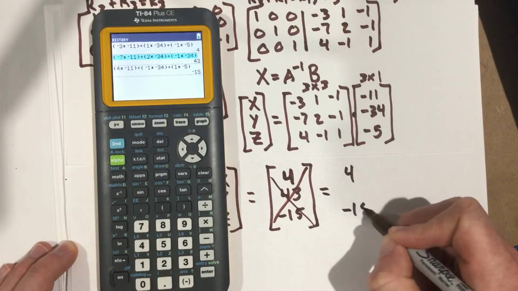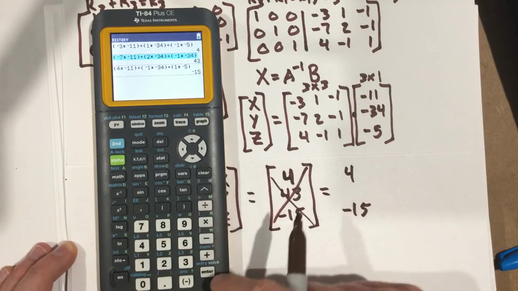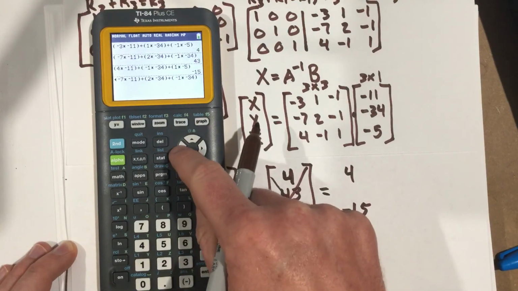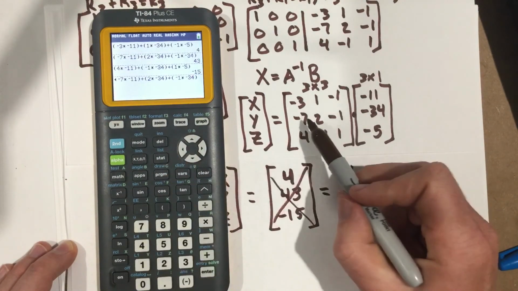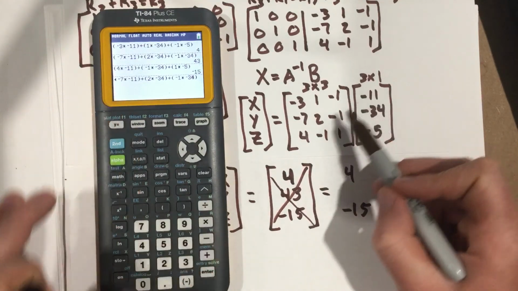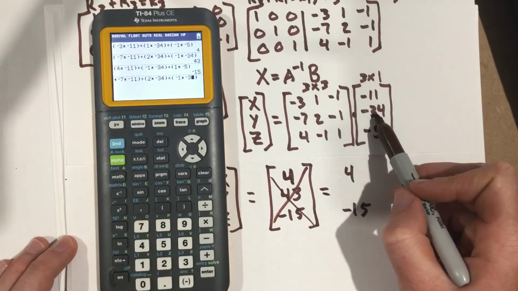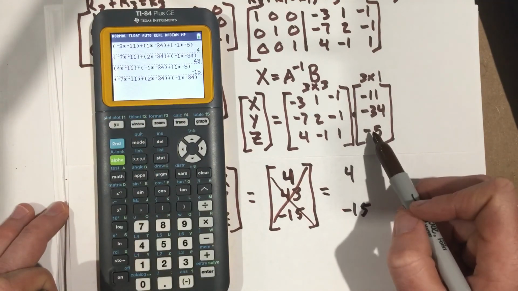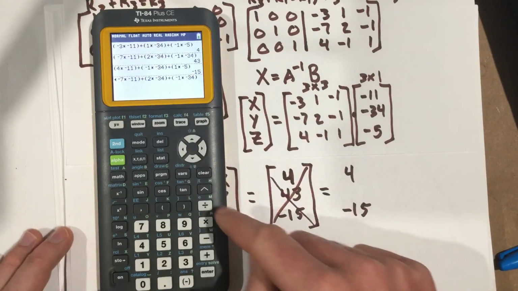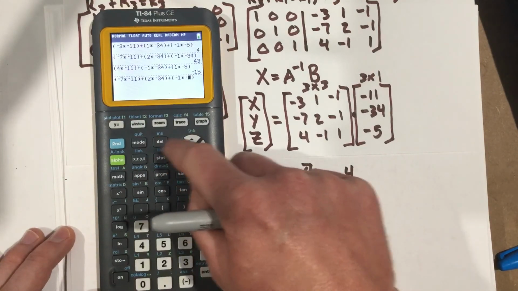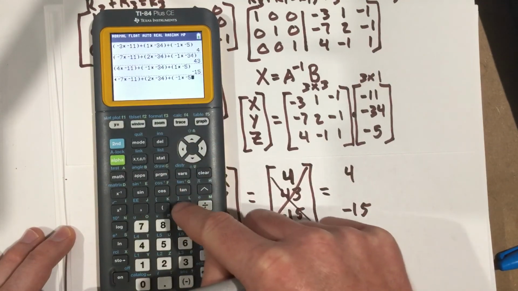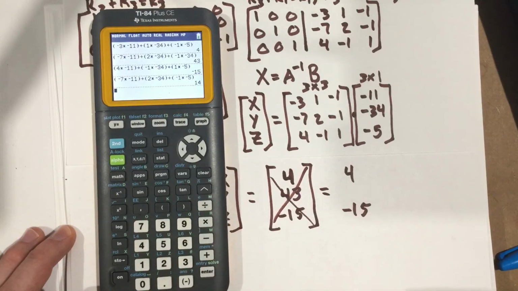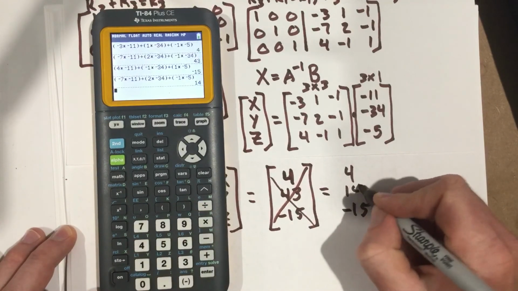This is -15. This number, though, I'm going to take that line. That should have not been -34. I did -7 times -11. I did 2 times -34. Yep, 2 times -34. And then I was supposed to do -1 times -5, and I did -1 times -34. So let's delete out that and put 5 there. And I got 14.